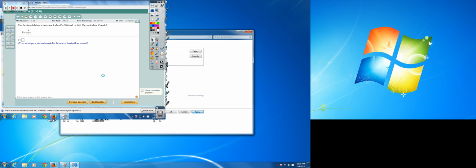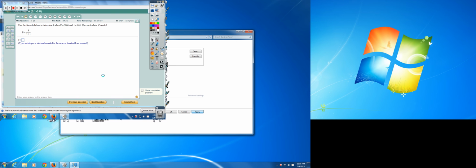It says P is equal to F in the numerator over 1 plus I, lowercase I. P is equal to 3,000 and I is equal to 0.05. Okay, it is. It's not plug and chug. It's solve. Yeah, you got to solve for F.